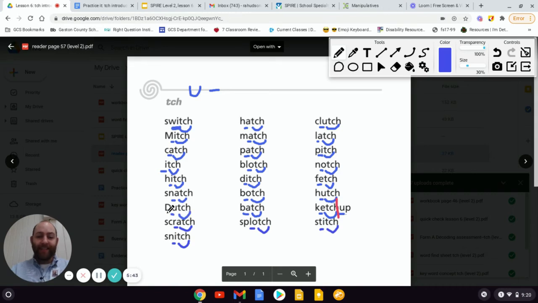Now, Dutch has a D capitalized on it. It means this is a proper noun, and Dutch is actually the name of a certain people and a name of a language. If you've ever heard of the place called the Netherlands, it's a country in the continent of Europe, and they speak Dutch, and they're also called the Dutch people.